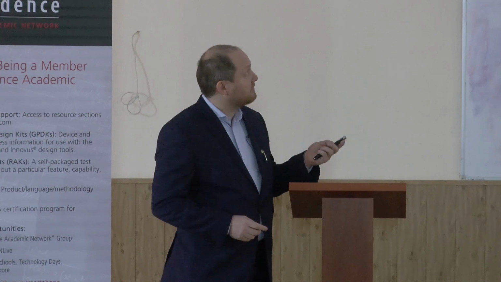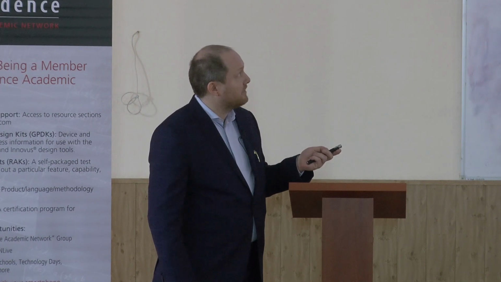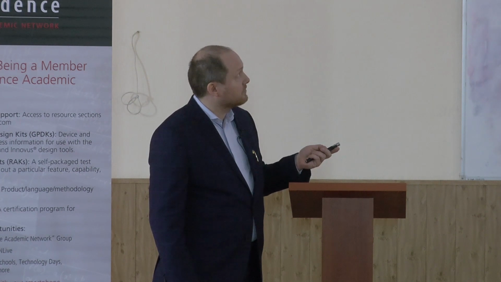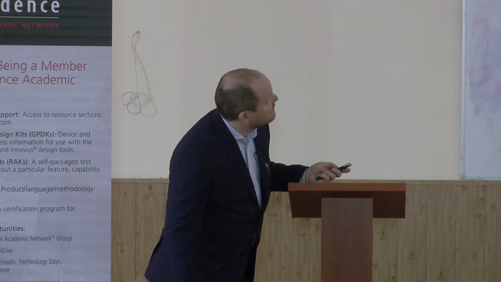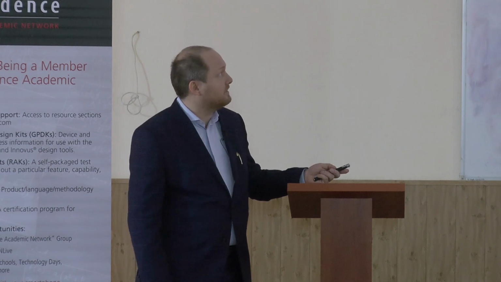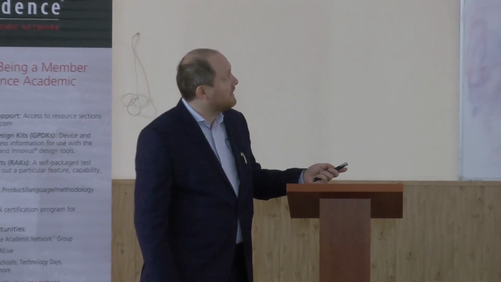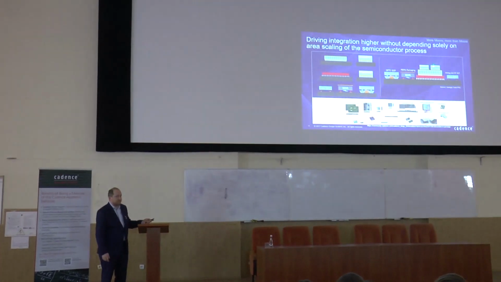So for example, here we have one substrate, and on this substrate we have a MEMS device, then we have a photodetector, so this is silicon photonics. Here we have an RFIC, a device for radio frequency, and here we have an SoC and memories on it.